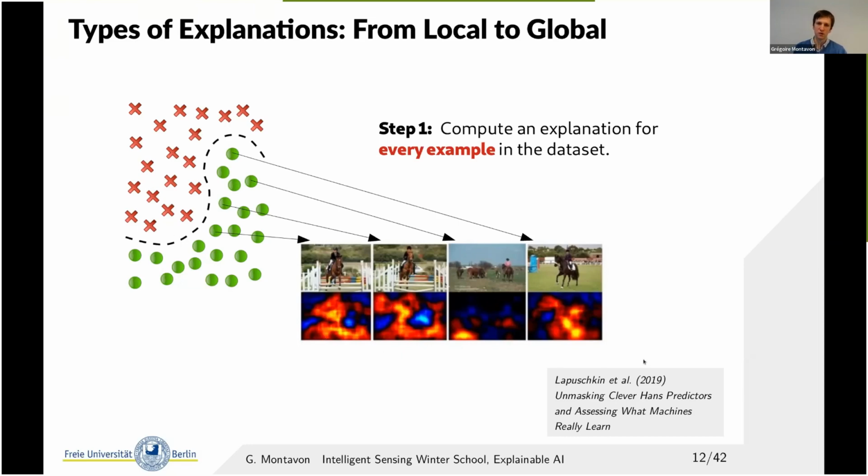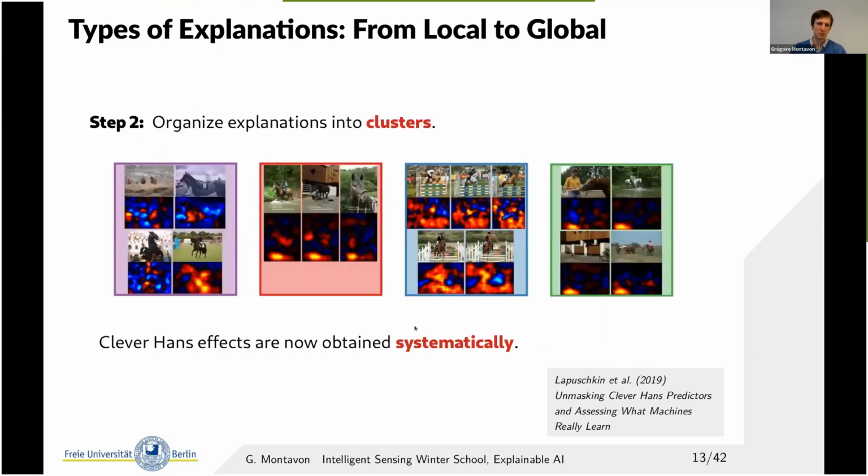And then as a second step, we can take these explanations and do some clustering according to the heat map, and it will reveal some prototypical decision strategies of the model on the whole data set.